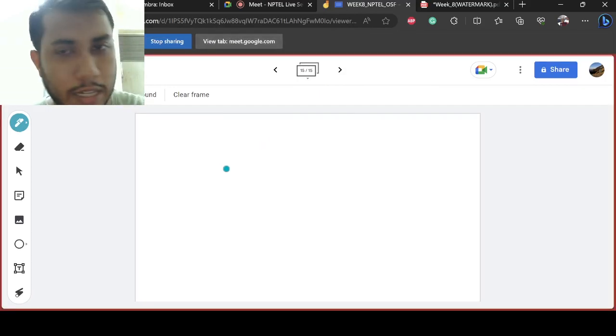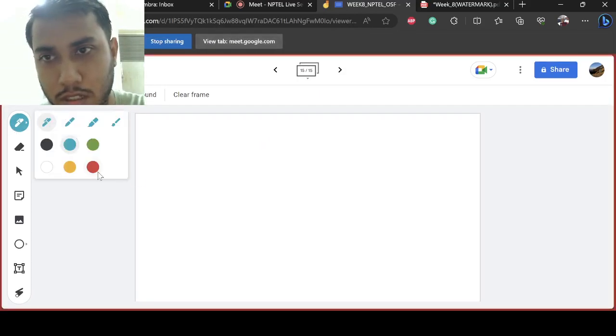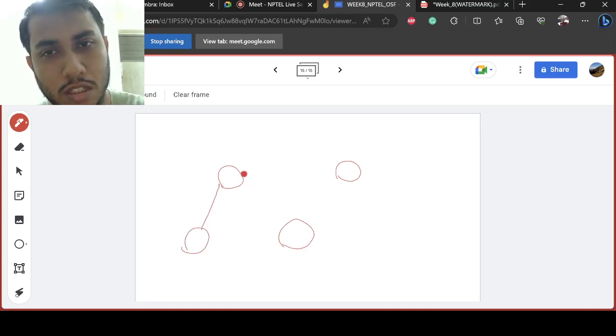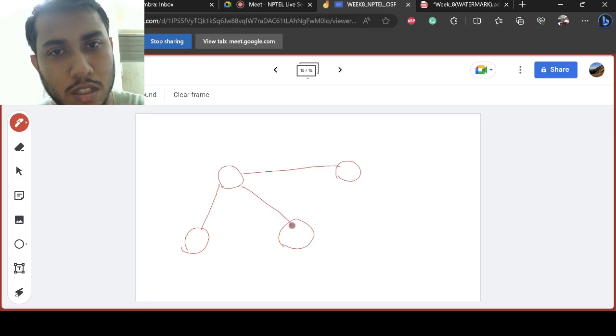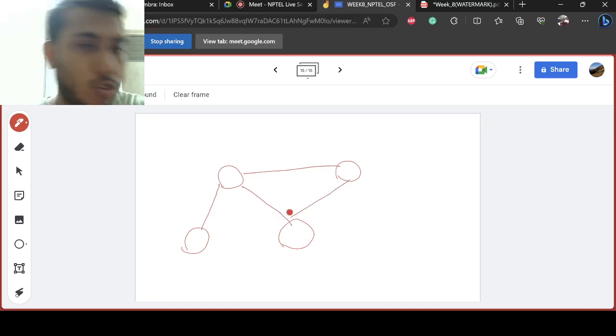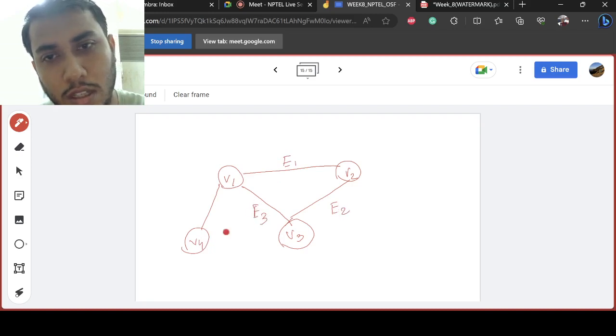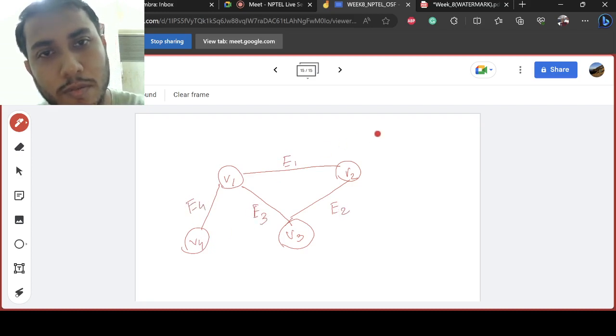In a graph you have a set of vertices V1, V2, V3, V4, and a set of edges E1, E2, E3, E4.